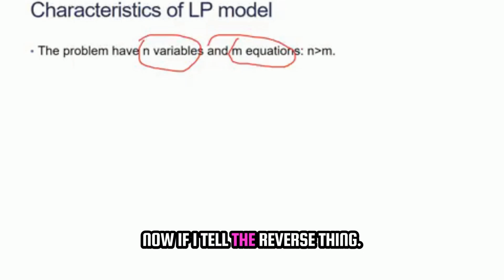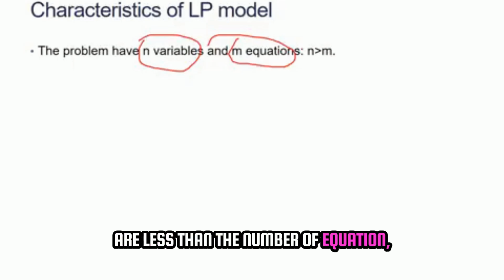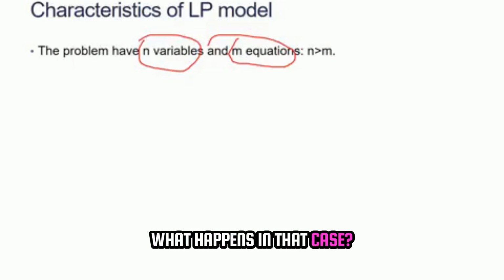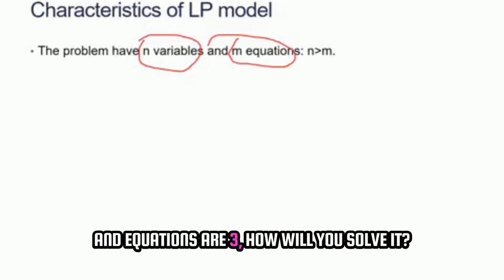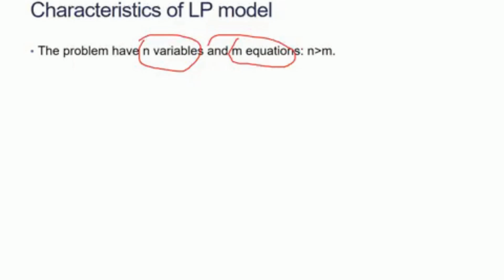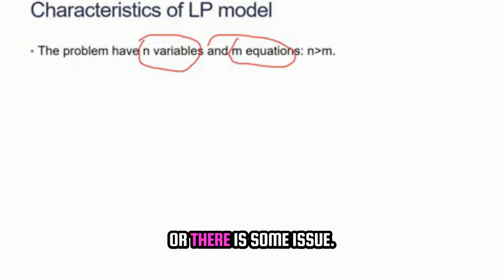Now, if I tell the reverse thing, if let's say the number of variables is less than the number of equations, what happens in that case? Can you guess? If let's say the number of variables is two and equations are three, how will you solve it?